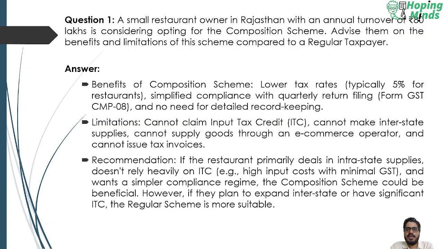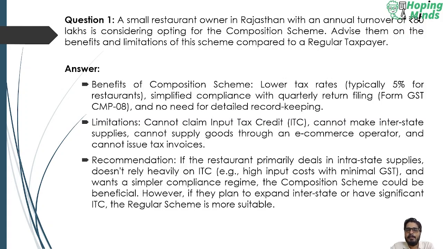So first of all, we need to understand who are composition dealers. Those taxpayers whose turnover has not exceeded rupees 1.5 crores in the preceding financial year can opt for composition scheme. Under the composition scheme, they have to discharge their GST liability by paying a certain percentage of their turnover as composition fee.